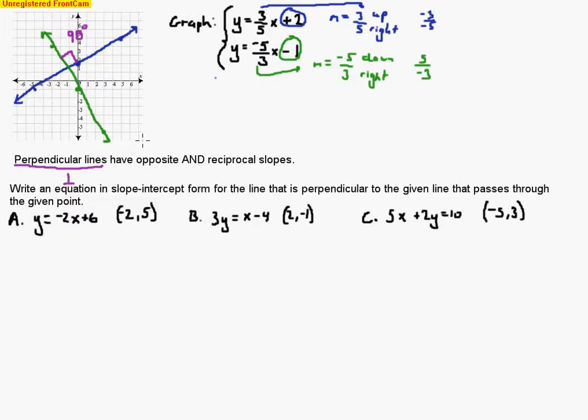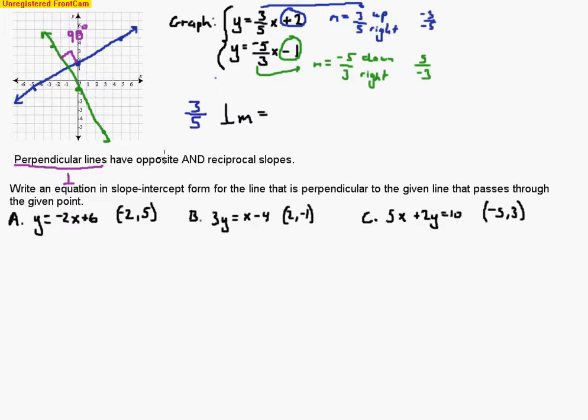Well, anyhow, if we take a look at the slopes of these lines, one of the slopes was 3/5. So if I write that one down, that blue line had a slope of 3 over 5. Well, the perpendicular slope, so here's my symbol for perpendicular, slope would equal the opposite and reciprocal.